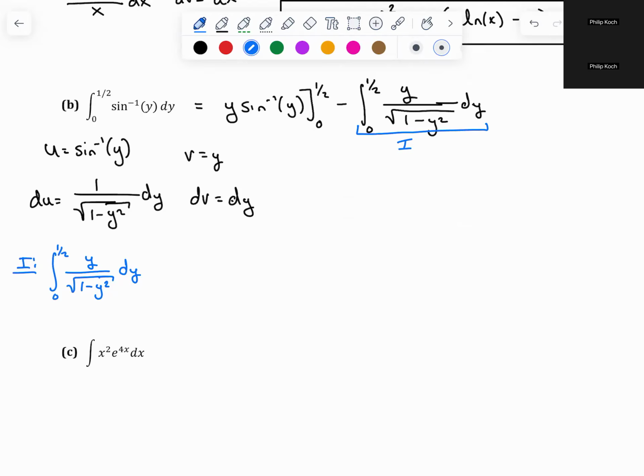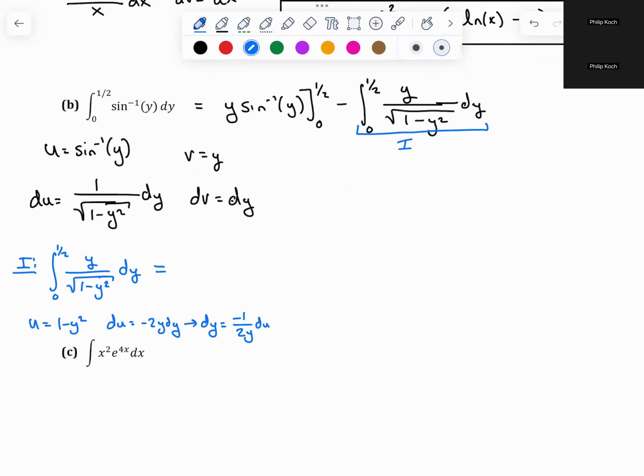So the correct choice for you would be u equals 1 minus y squared. That means that du is equal to negative 2y dy. So that means that dy is equal to negative 1 over 2y du.